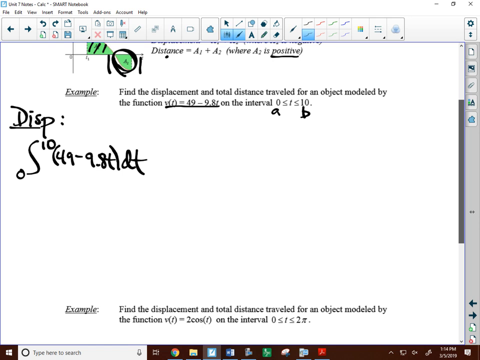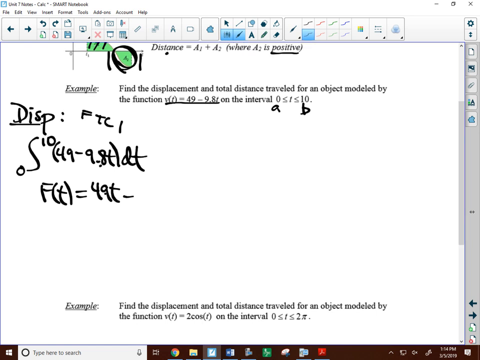All right, so I'm going to do FTC1. Find an antiderivative, capital F of t. So the antiderivative for 49 is 49t minus, now we kind of just saw this one, didn't we? 9.8t becomes 4.9t squared.